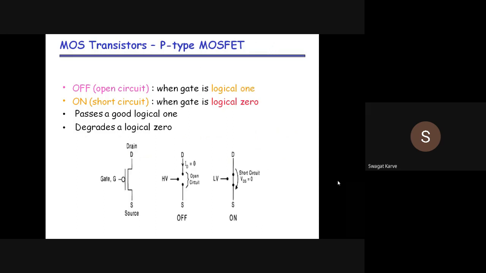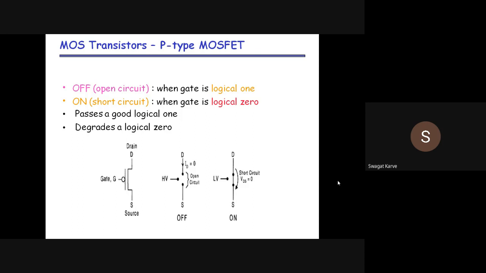Reverse is the case with the P MOSFET. Right? Reverse is the case with the P MOSFET. P-type MOSFET is capable of transferring strong logic 1, weak logic 0. Right? Strong logic 1, weak logic 0. And whenever the gate is off, or whenever you can say the gate is open circuited, it is logical 1. Whenever it is on, that means short circuited, it is at logic 0.